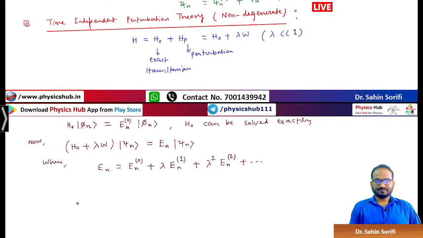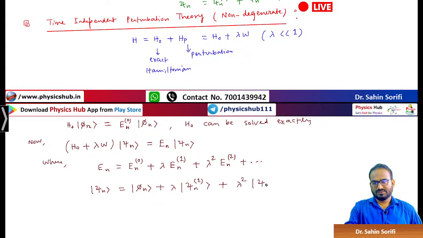And the new wave function can be written as the unperturbed wave function phi n plus lambda times the first order correction in the wave function, plus lambda square times the second order correction in the wave function, and so on.